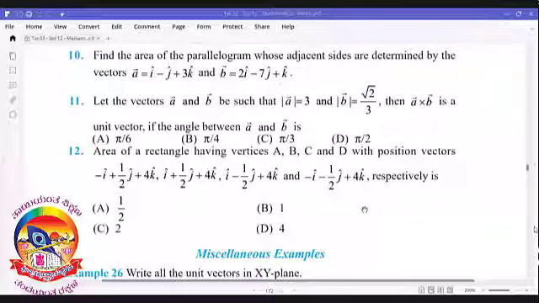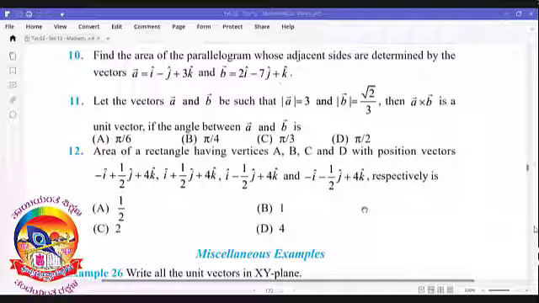I am going to repeat problem number 11 again. He has given you the magnitude of A bar is equal to 3. Magnitude of B bar is equal to root 2 upon 3. And he has given you A cross B is a unit vector. What is the meaning of unit vector? If the magnitude of that vector is equal to 1, that means A cross B magnitude is equal to 1. What is the formula for mod A cross B?